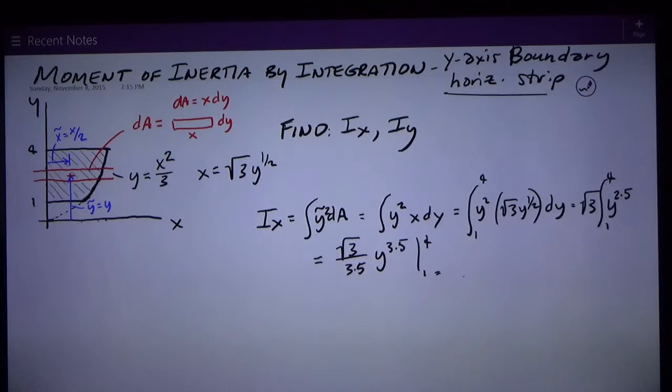At 1, it's equal to 0.4949. At 4, it's equal to 63.34. Subtract those from each other, and I get 62.85. My units are inches to the 4th, because all these are in inches.